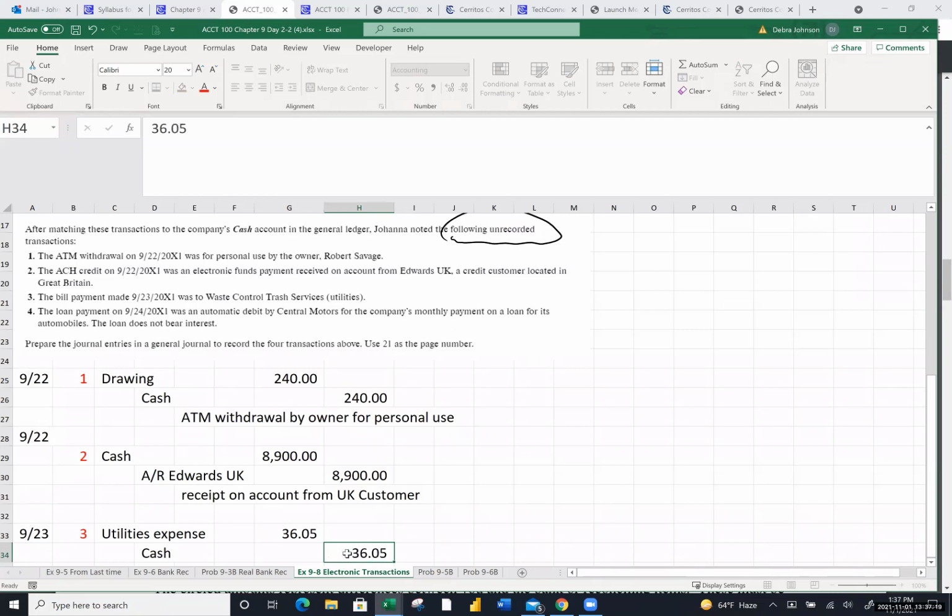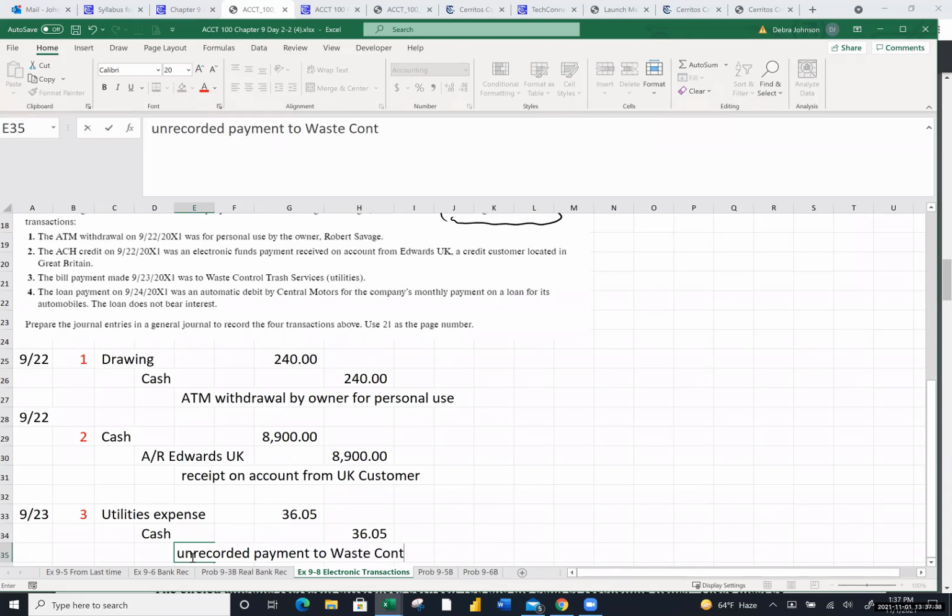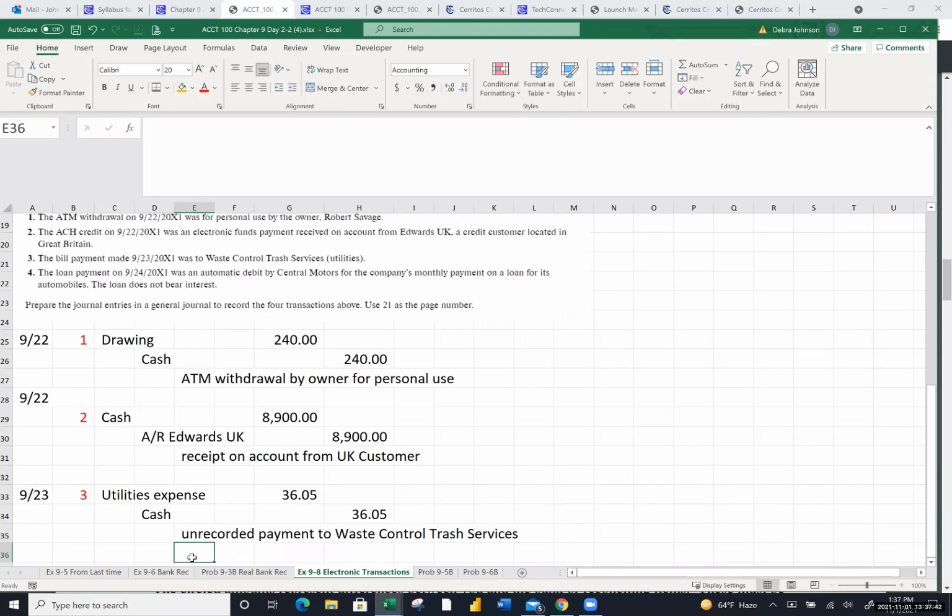Remember, the journal is an electronic diary of what happened. It keeps a good financial history. So this would be something like unrecorded payment to, and I think they gave us a name, Waste Control Trash Services.